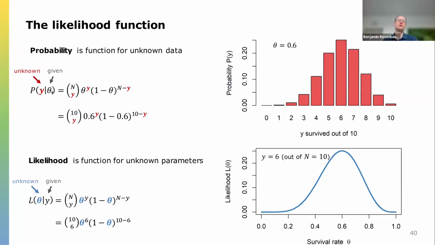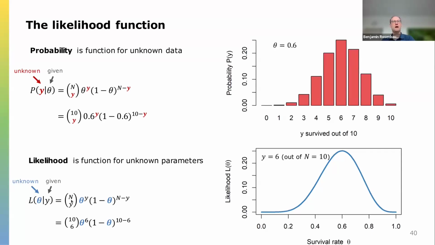Now, the other way around, we use the same notation here, but now the parameters are unknown and y is given. And now for any parameter, we can just calculate this value. And then we arrive at something which we call the likelihood function. So here we know, okay, 6 out of 10 individuals survived.